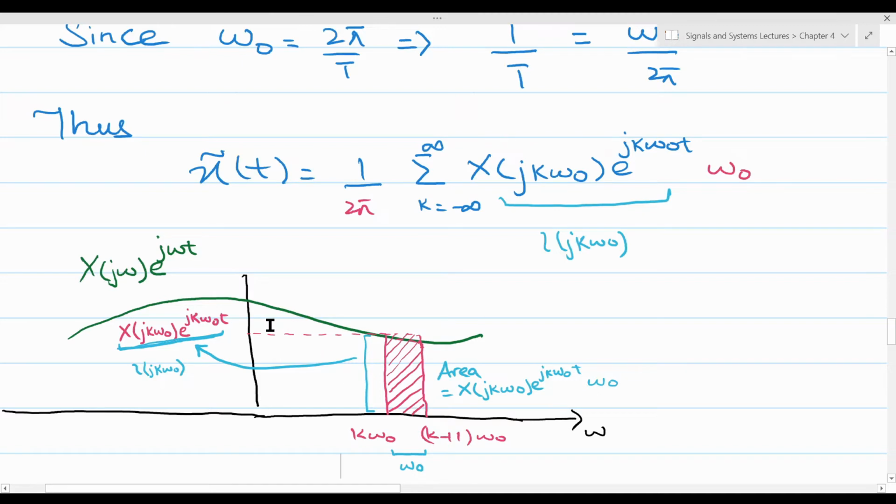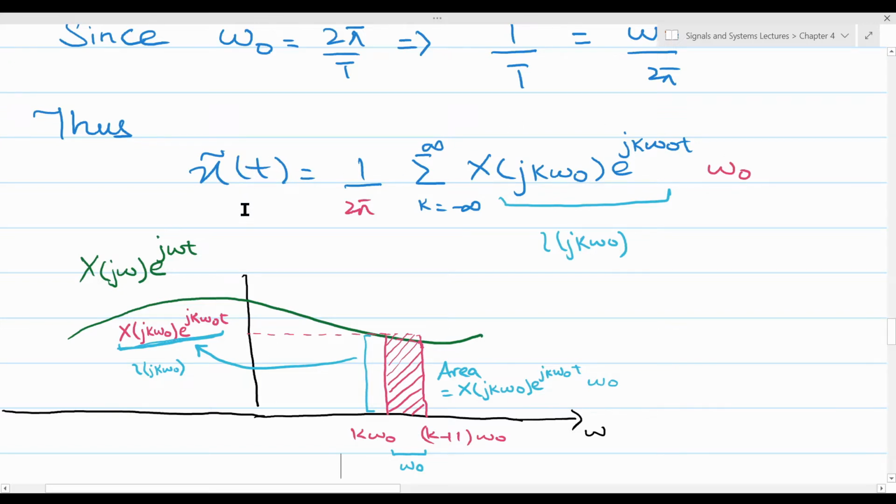We can observe from the figure that this height multiplied by the width is the area of this rectangle, which can be written as X(jk omega naught) exponential of jk omega naught t multiplied by omega naught, which is the term here in this summation.